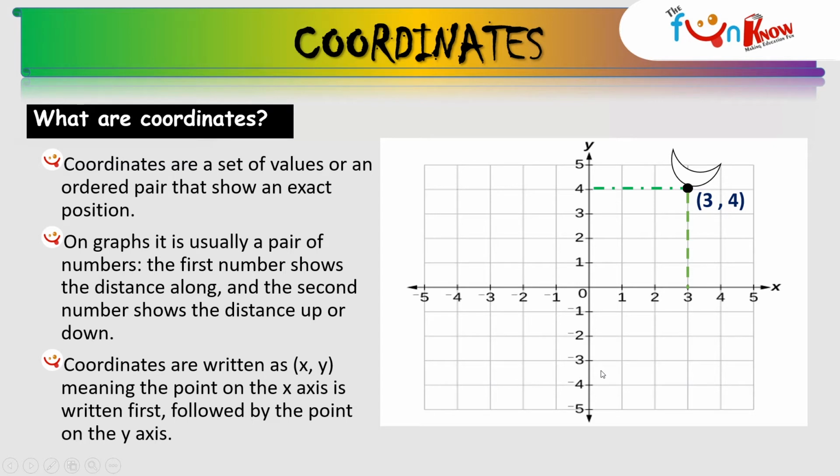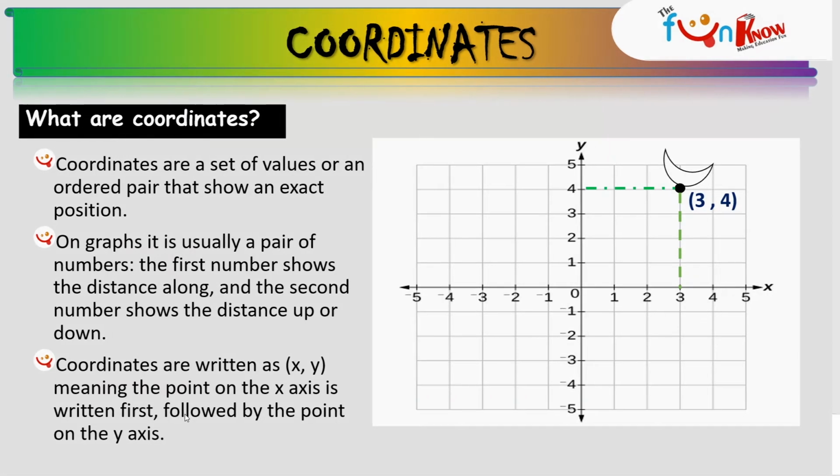So henceforth, if someone asks you, a coordinate is an ordered pair, and the first number of that pair will be on the x-axis and the second number of that pair will be on the y-axis. The same thing is explained here, students: a coordinate is written as x and y, meaning the x value of the point is written first and the y value is written after that.